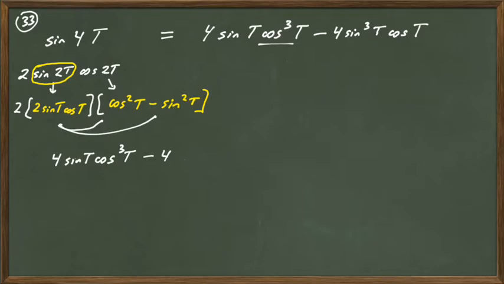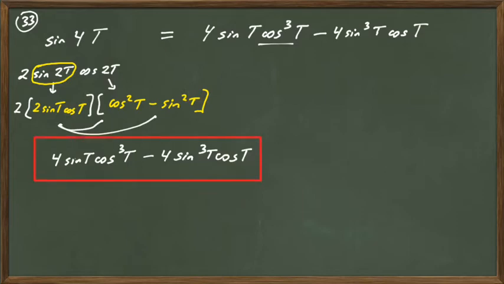Sine times sine squared would make sine cubed, and you'd also have a cosine, right? Does that match what I'm looking for? Yeah, so I had to do a double angle here, and then do a replacement for cosine of 2 theta.